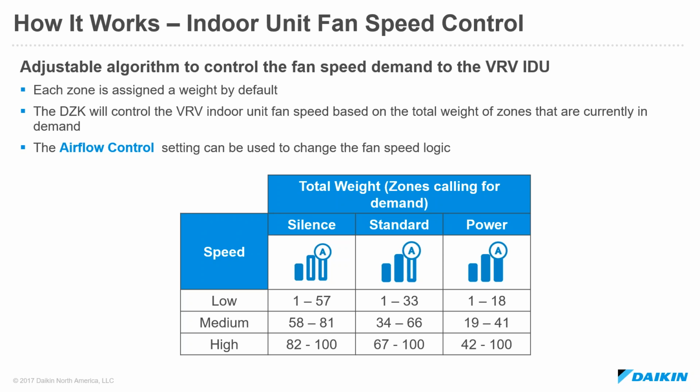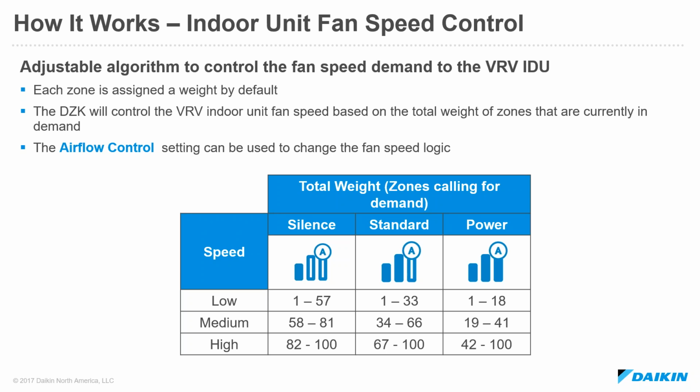The easiest thing to think of when it comes to these settings is the silence setting is really going to bias this algorithm towards trying to keep the fan speed as low as possible. The power setting is going to bias this algorithm to try to keep the fan speed as high as possible. Standard is really the default setting, the Goldilocks setting. It's right in the middle.